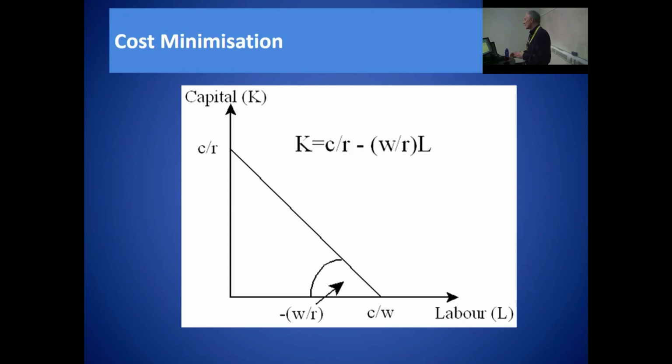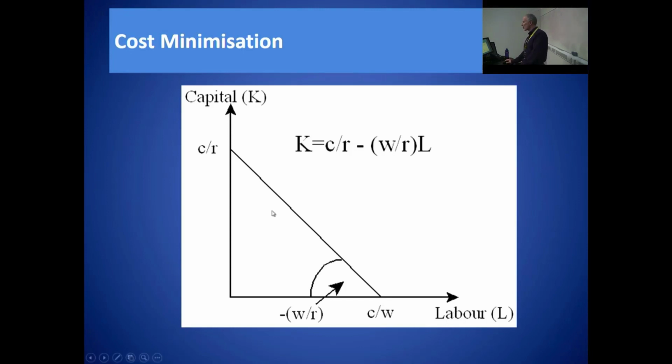So what would the vertical intercept of a budget constraint be? It'd be income divided by the price of the good on the vertical axis. The horizontal intercept would be income divided by the price of the good on the horizontal axis.